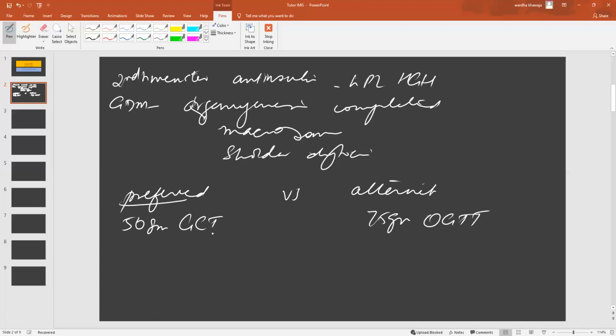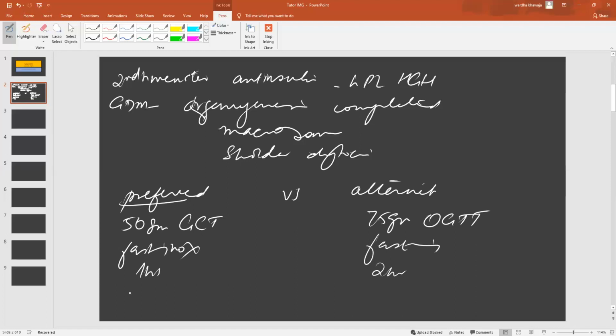The benefit of the 50-gram GCT is that it does not require fasting, right? No fasting needed. Here, the patient needs to be fasting. This is going to last for about an hour, whereas this will last for about 2 hours. Very valuable time and very uncomfortable for the patient as well.